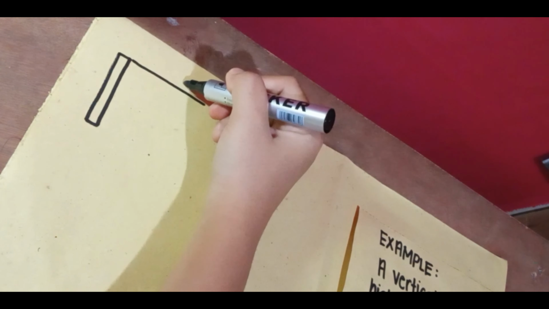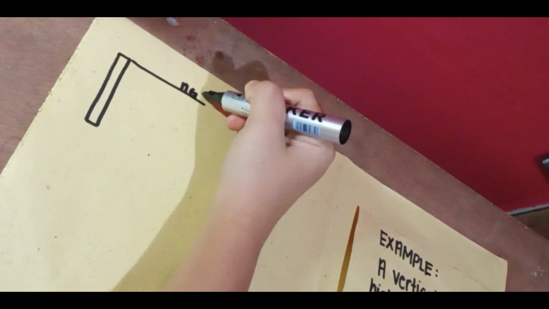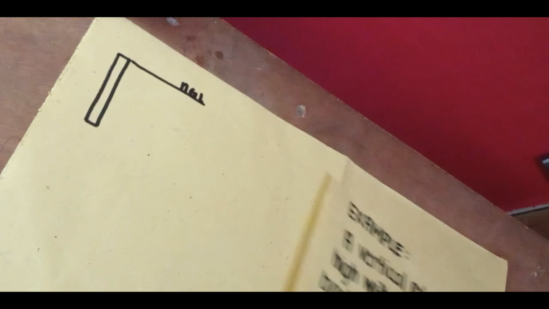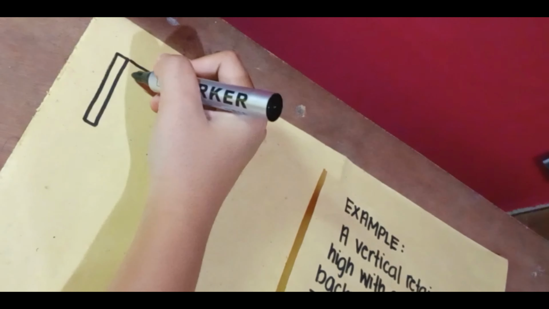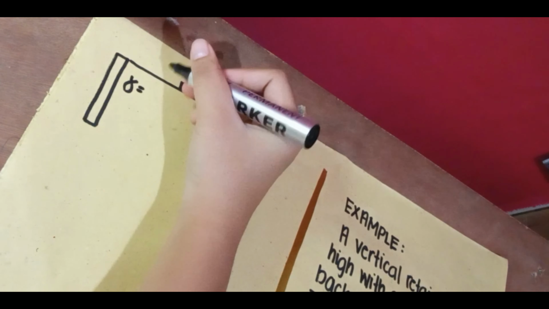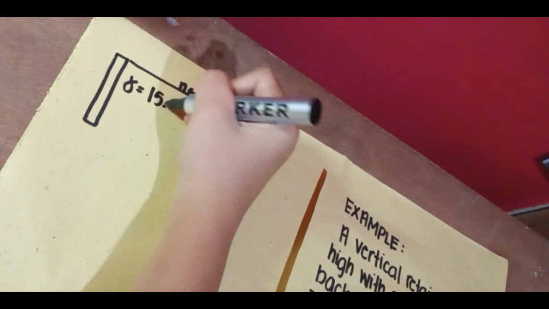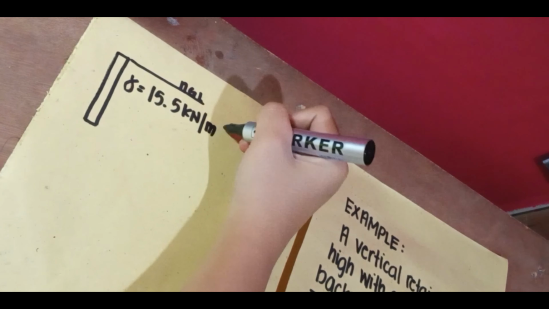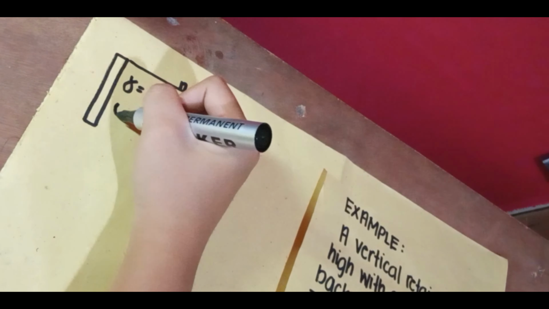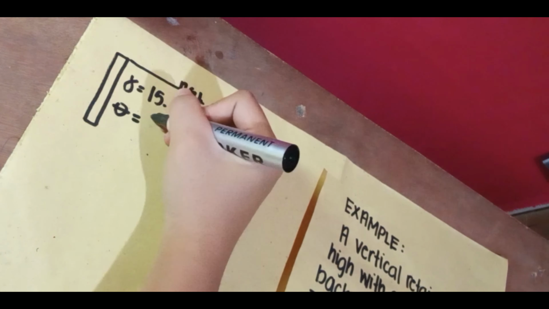So, this is the national grade line or NGL, and let's write the given. Unit weight is equal to 15.5 kilonewton per meter cubed, and the phi here is 30 degrees.